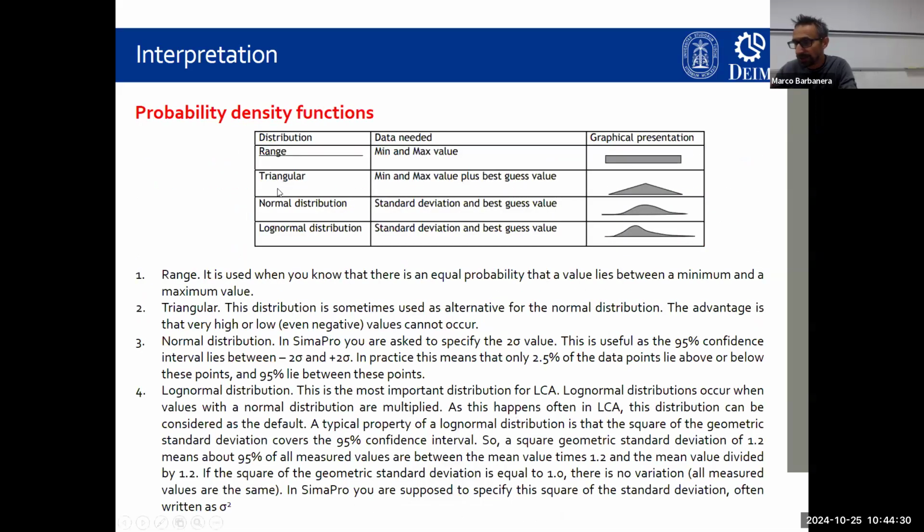So in LCA, but in general, each data could be characterized by different probability distribution. Previously, we have seen the normal distribution. Normal distribution is the most typical probability distribution for a parameter.